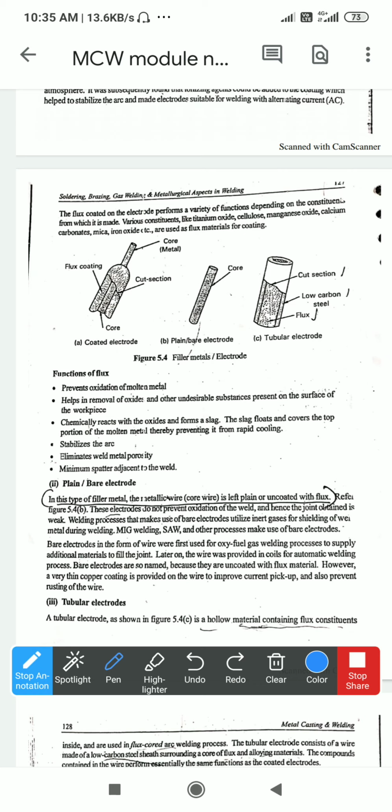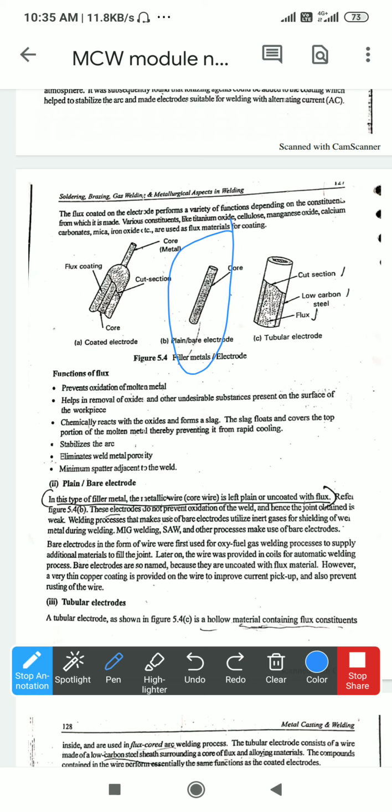Now next we will see the plain or bare electrodes. Here you can see the plain or bare electrode. In this type of filler metal, the metallic core wire is plain, or uncoated with flux. These types of electrodes are used in gas welding methods, such as for stainless steel.